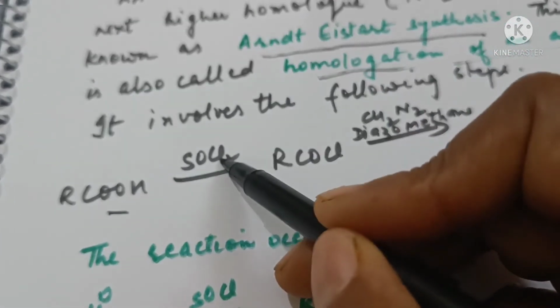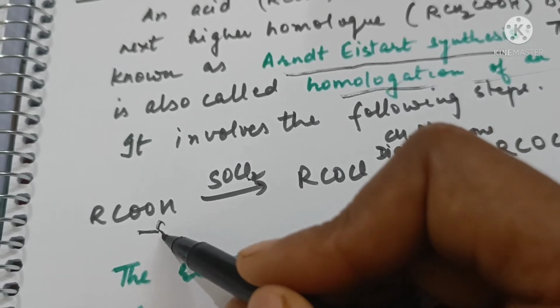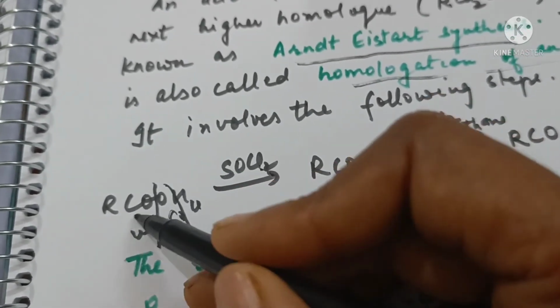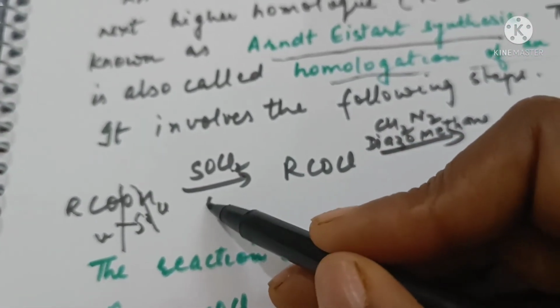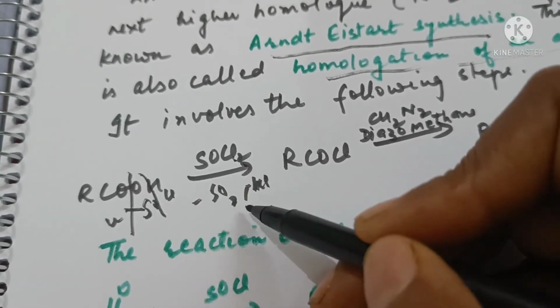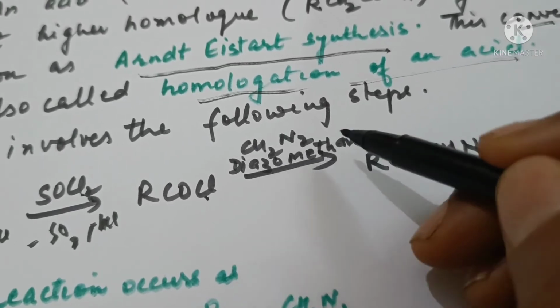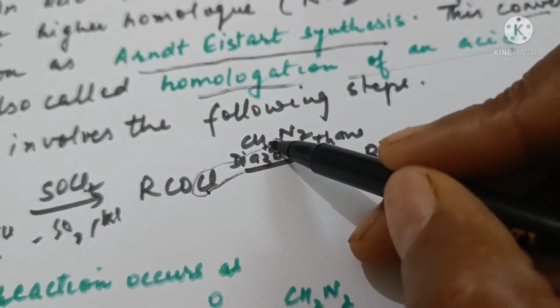Carboxylic acid is treated with thionyl chloride, SOCl2. SO2 and HCl are eliminated as byproducts and the acid chloride is formed, which on reaction with diazomethane, one OH and one Cl will form HCl.